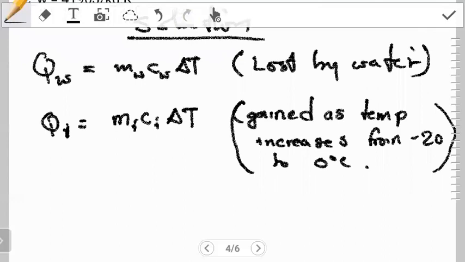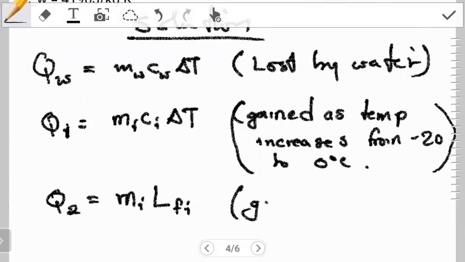So this is still ice, but now this is change of state. Now, because the question is saying that till just when the ice melts. So since it's change of state, we have the mass of ice and the latent heat of fusion of ice. Okay, so this is gained as ice changes state.